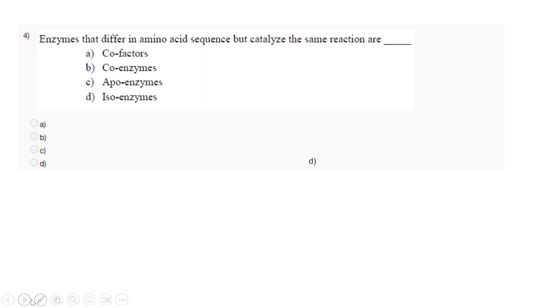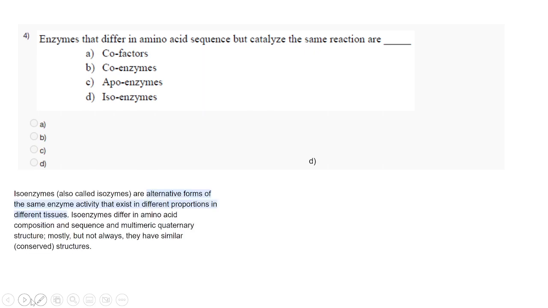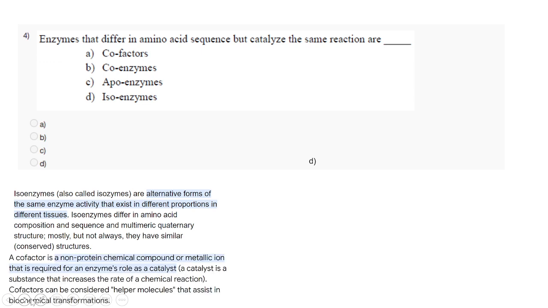So option D is correct. Isoenzymes are alternative forms of the same enzyme activity that exist in different proportions in different tissues. Isoenzymes differ in amino acid sequence composition and mostly, but not always, in multimeric quaternary structure. They have similar structures.